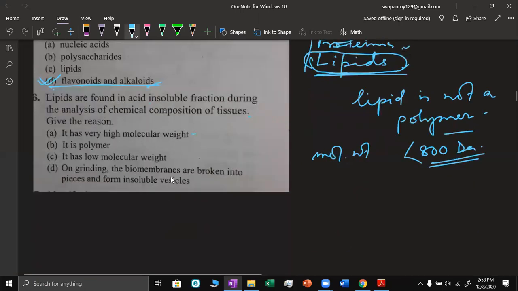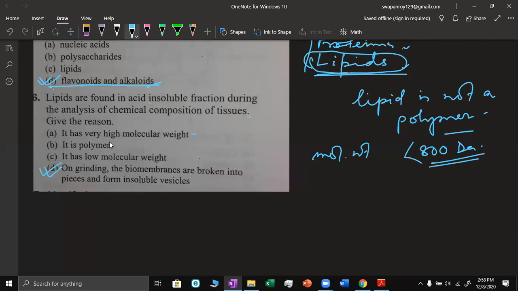So what is the cause? It has very high molecular weight. It is a polymer. It has low molecular weight. On grinding, biomolecules are broken into pieces and form insoluble vesicles. Which one do you think is correct? Option D, sir. Yes, option D. Why?